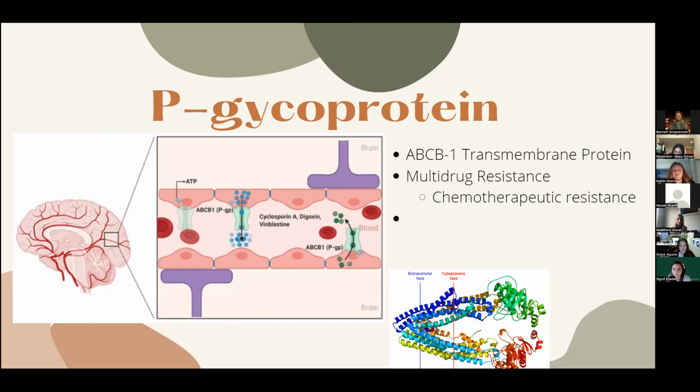This pump is very important for a lot of chemotherapies as well as many drugs, because it is a multi-drug resistant protein. It has the ability to bind multiple different foreign bodies, and it can pump them back into the blood.